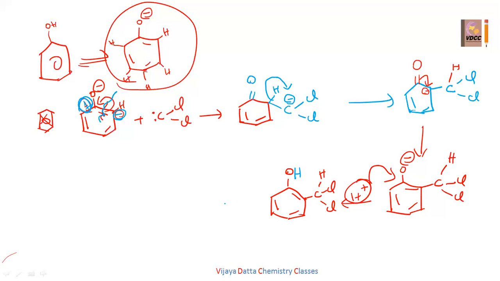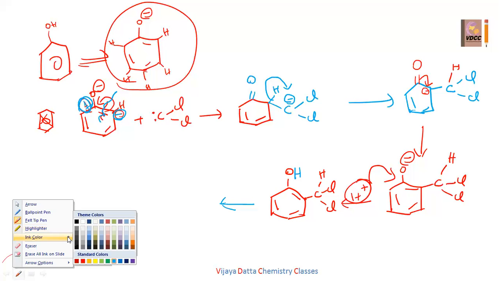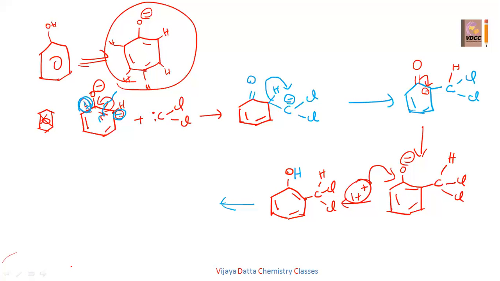Now this reaction will be treated with, as we see in alkyl halides and aryl halides, the SN1 and SN2 mechanisms, right? In our next session I'll go through the SN1 and SN2 mechanisms, one video on the SN1 mechanism and another video on the SN2 mechanism.